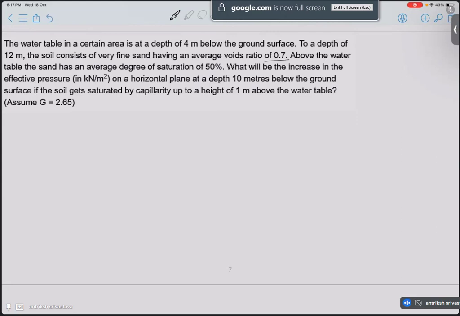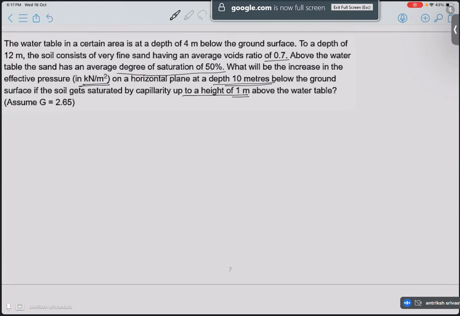Above the water table, the sand has an average degree of saturation of 50%. What will be the increase in the effective pressure in kilonewton per meter square on the horizontal plane at a depth 10 meter below the ground surface if the soil gets saturated by capillary up to a height of 1 meter above the water table?